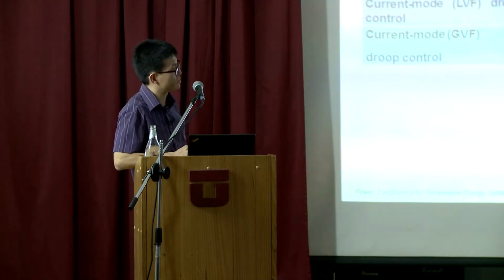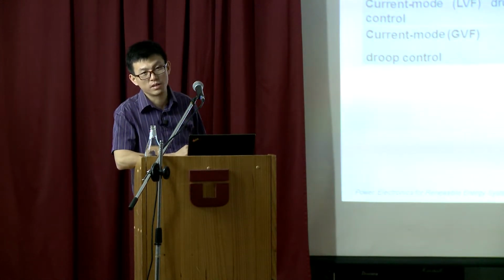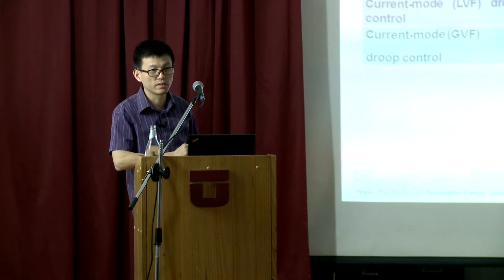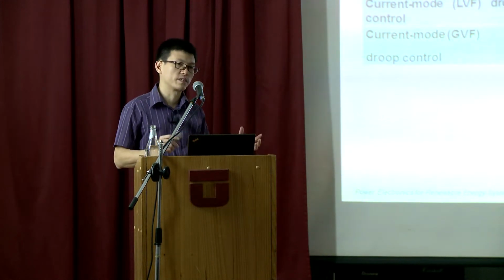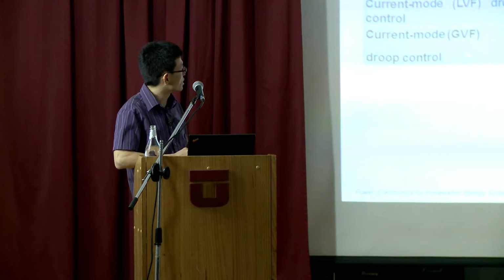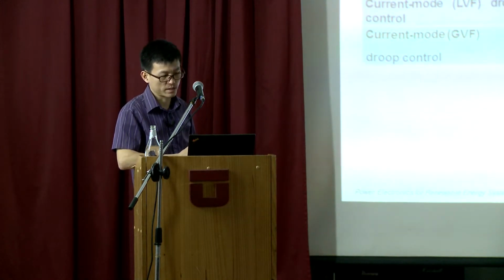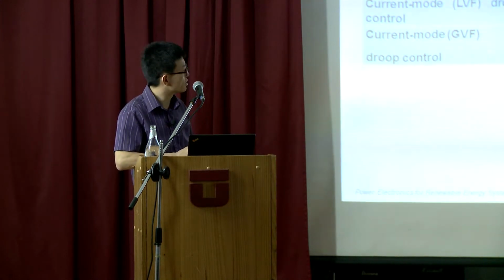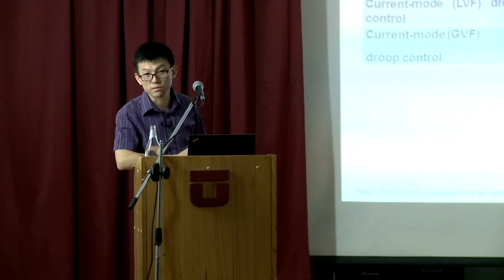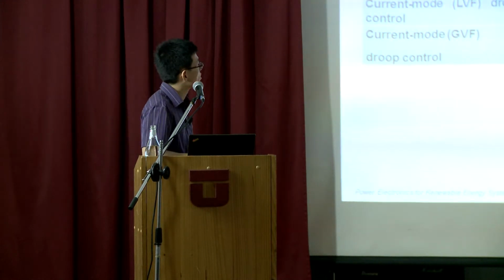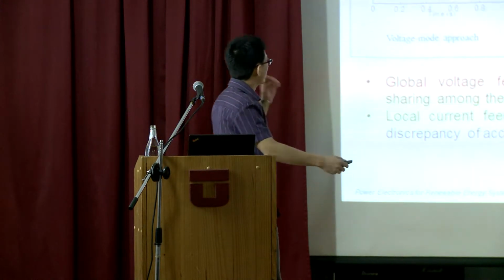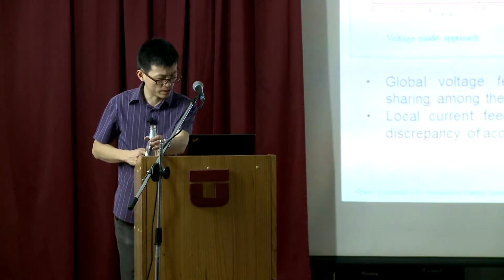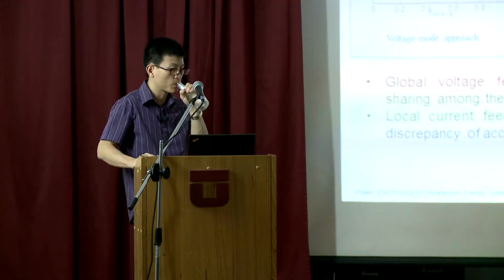For aircraft applications it is probably fine, but for land scale or smart grid it is another story. Because aerospace is a very specific application, a global voltage feedback based current mode droop control is an option for us to use. There is also some simulation study or experiments. I think it was a simulation study at that time.